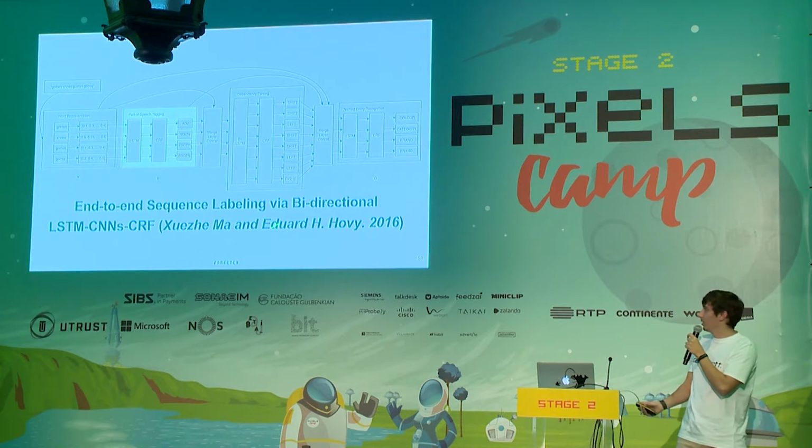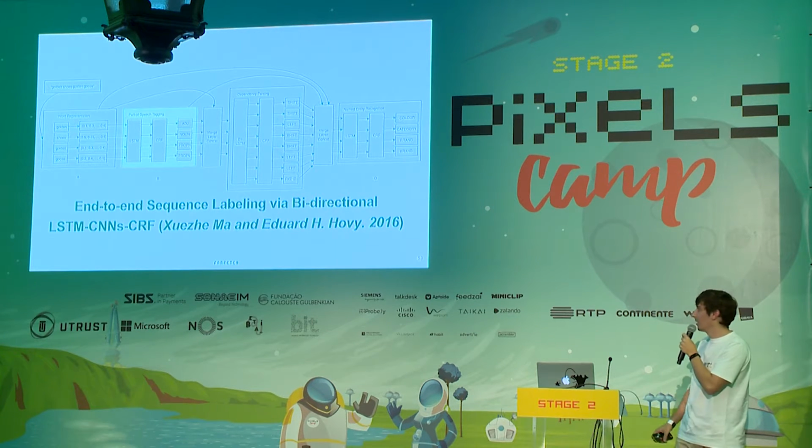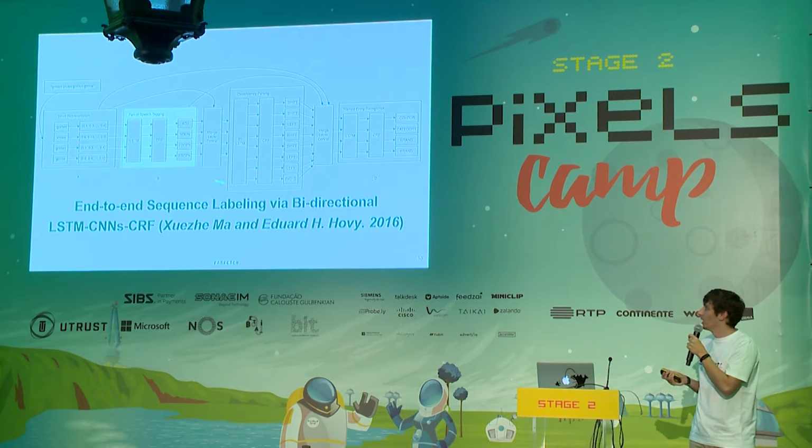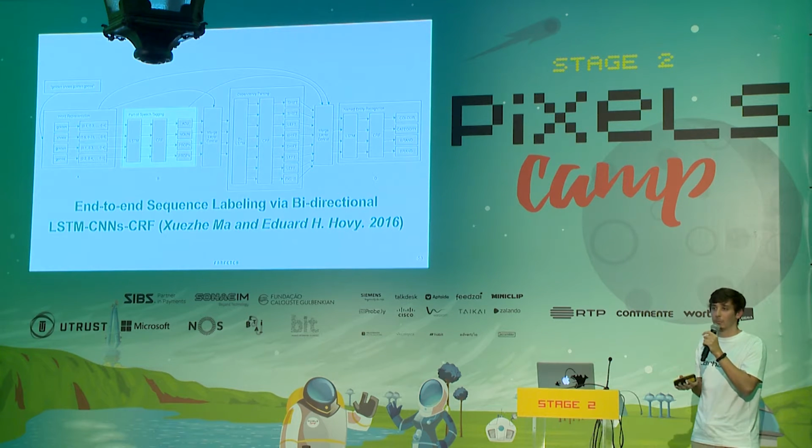So we ended up using this state-of-the-art architecture, inspired by the work of Xuezhe Ma. We had a lot of annotated data. For each long description that we have at Farfetch, we had a training set with the correct syntactic annotation for each word, and you train a machine learning model to learn that pattern.